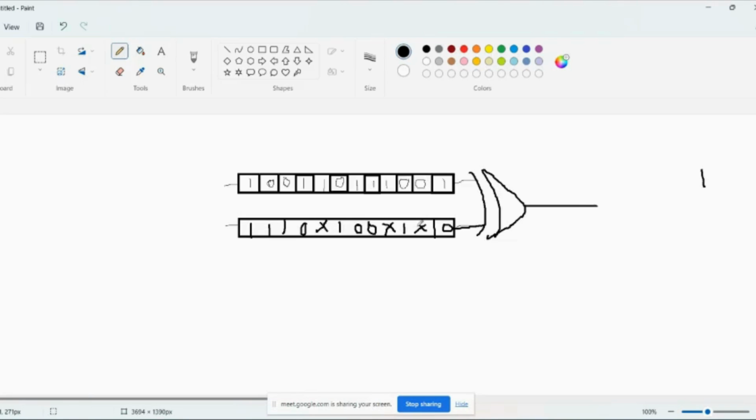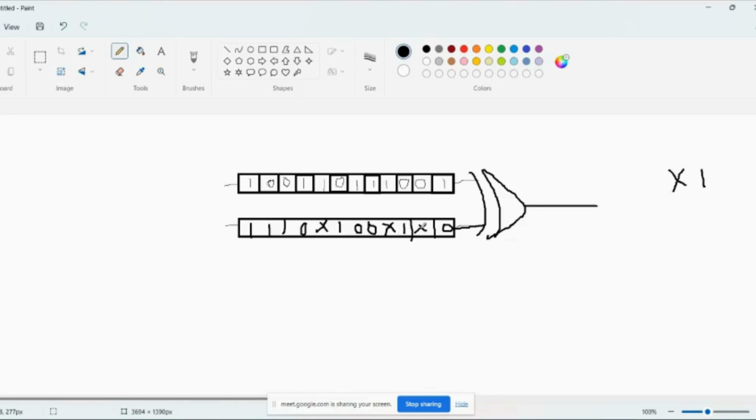0 and X. When you have 0 and X, XOR behavior is X, because X can be 1 or 0, right? If it is 0, again the output should be 0. If it is 1, output should be 1 again.